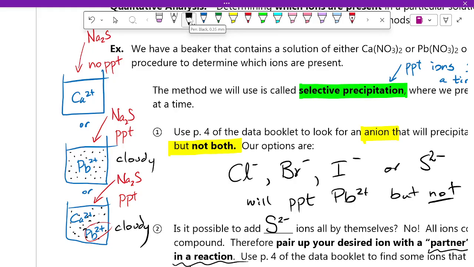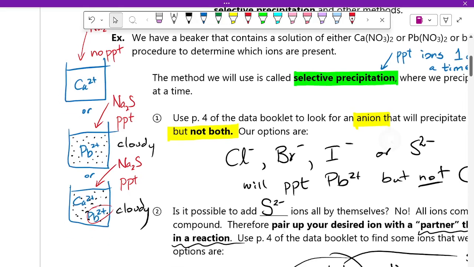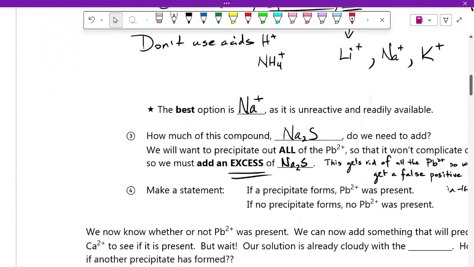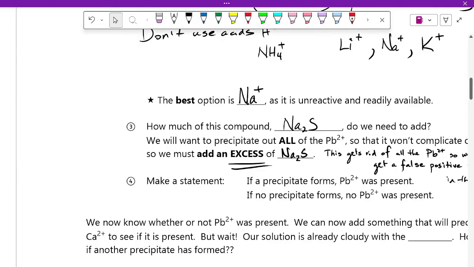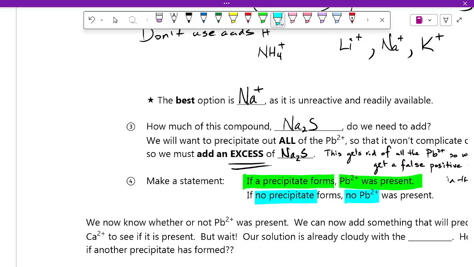If no precipitate forms, what do you know about the solution? No Pb. Yes? So in your procedure, make this statement: if a precipitate forms, Pb was present. If no precipitate forms, no Pb.